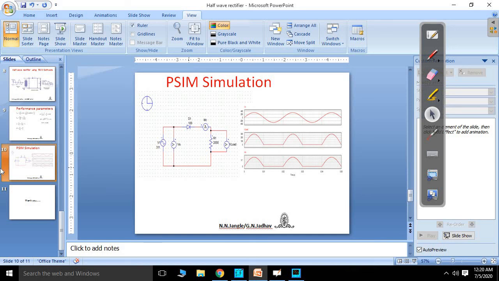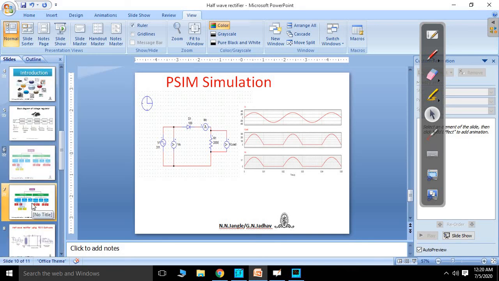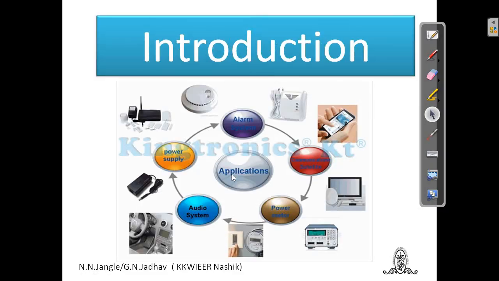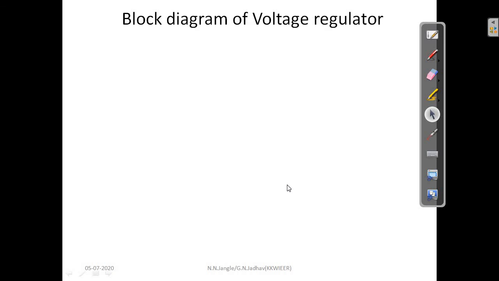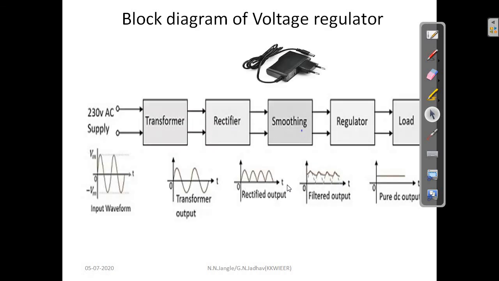At the end of this session, we have seen the different applications of DC voltage used in various applications. Then we have seen the block diagram of the voltage regulator circuit, in which the rectifier is the most important part.